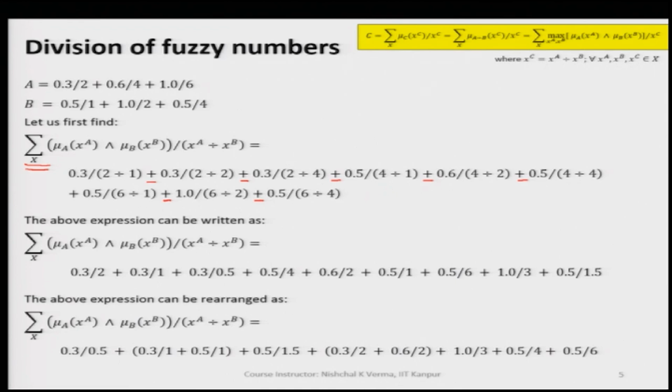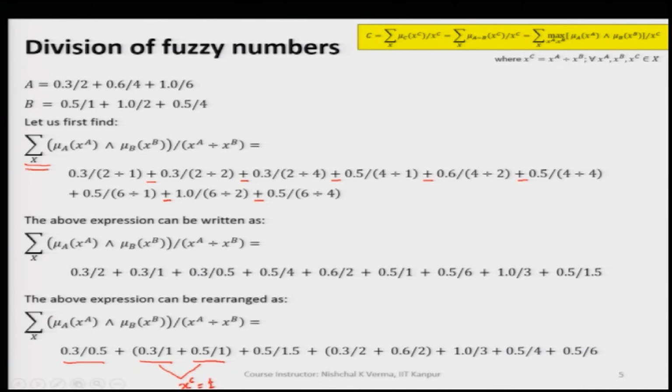So, these values have been shown here, and now let us rearrange these values, and we find that some elements have the same generic variable values. Like for these two elements, the x_C here is 1 for both terms.